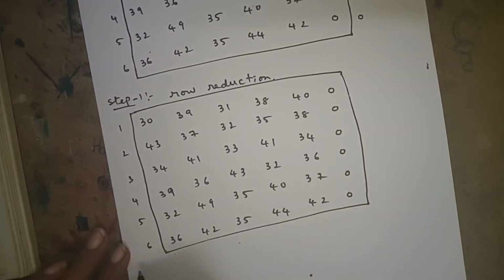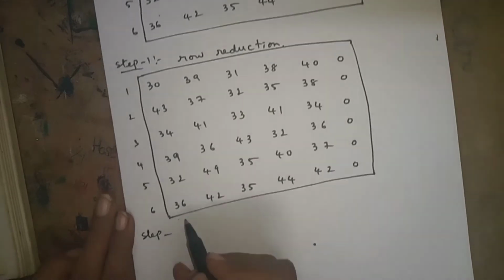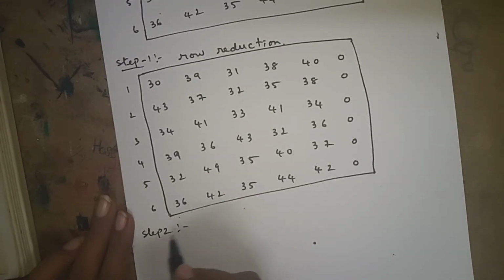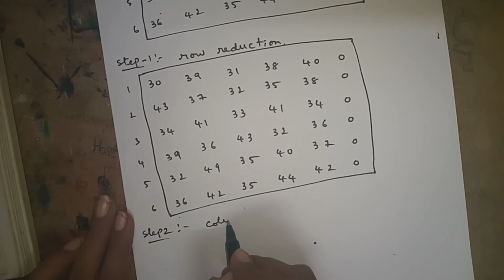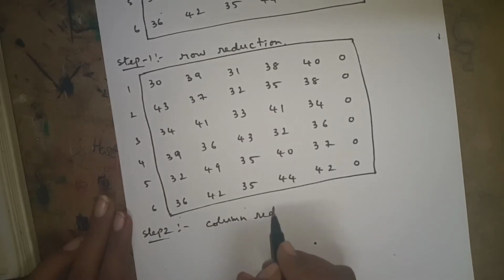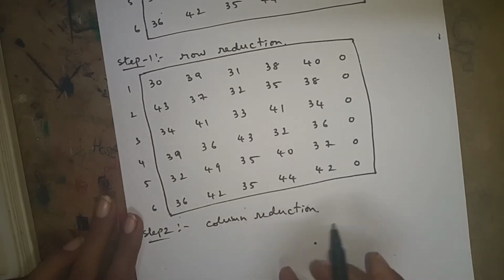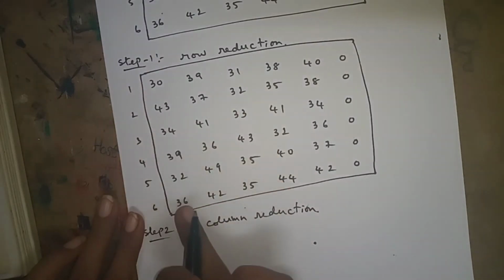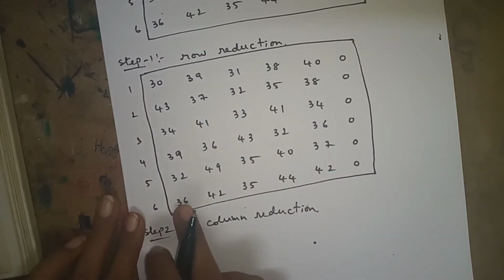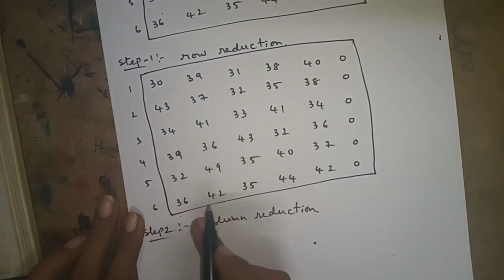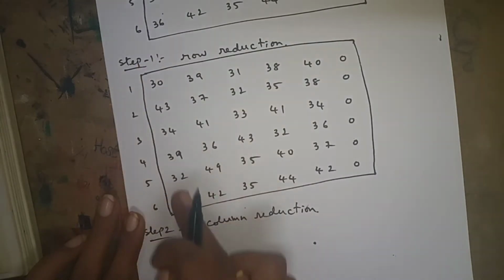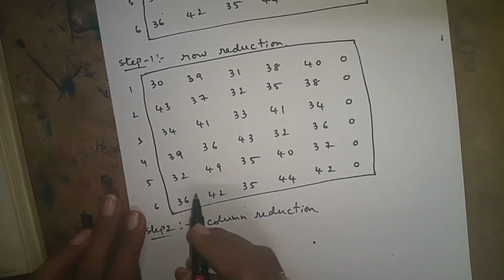Step 2 is column reduction. In the first column, observe the complete first column very clearly.